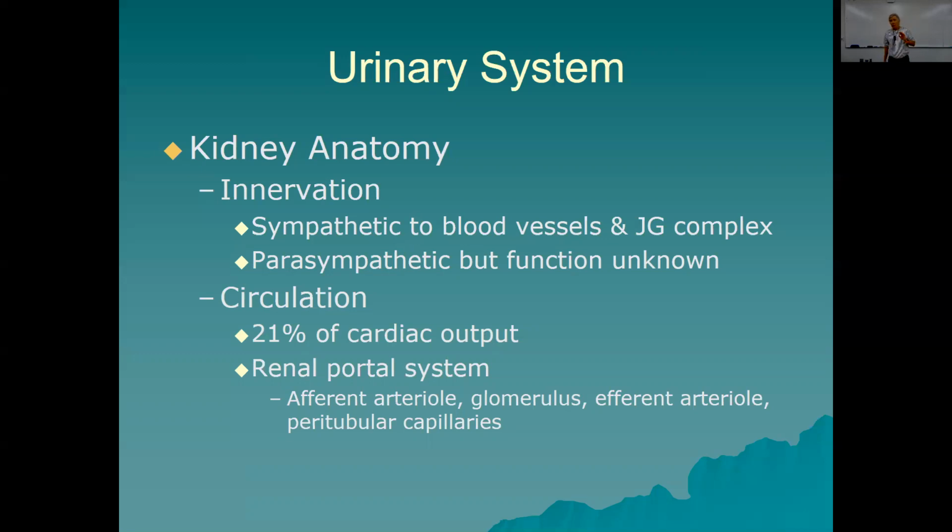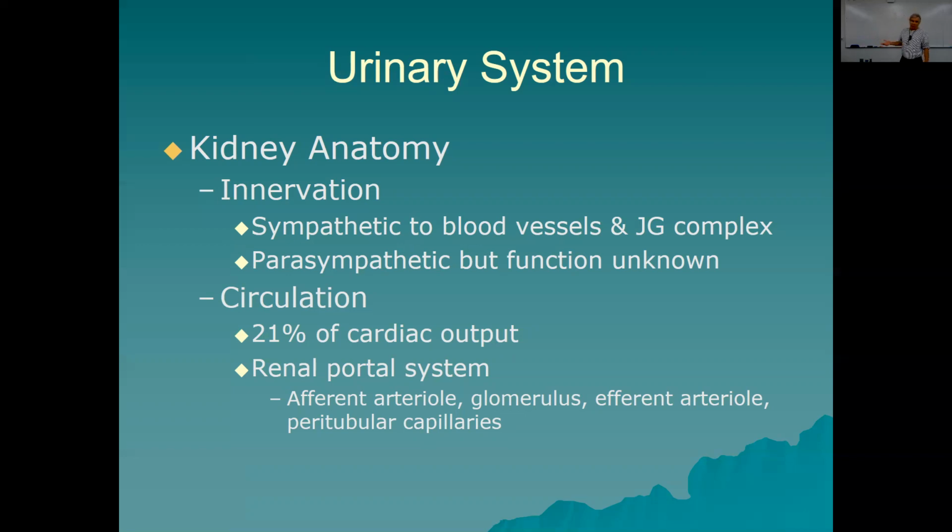And the sympathetic nervous system generally shuts the system down if you have a high sympathetic stimulation. Low sympathetic stimulation means the kidneys are much more active. So the sympathetic nervous system generally turns it off, and you release the sympathetic nervous system to turn it on. The parasympathetic nervous system, this is really bizarre, also innervates the kidneys, but the function is actually unknown. That is odd, but even in this day and age, we don't know everything.